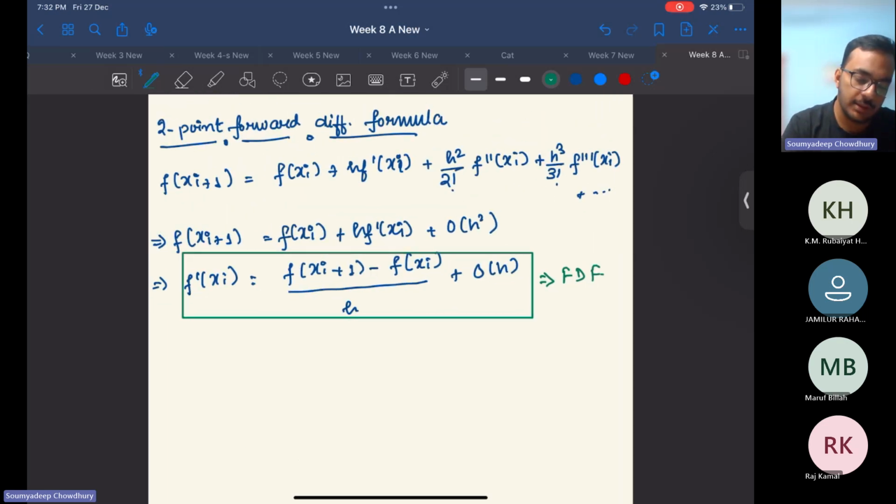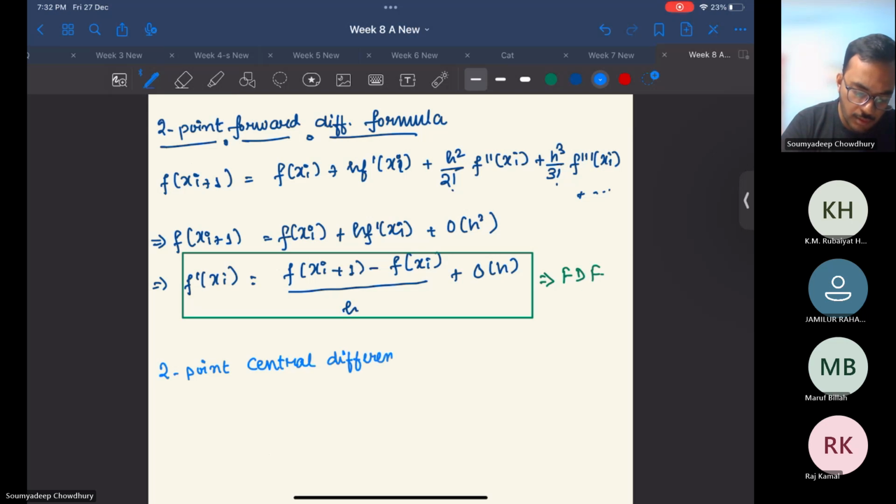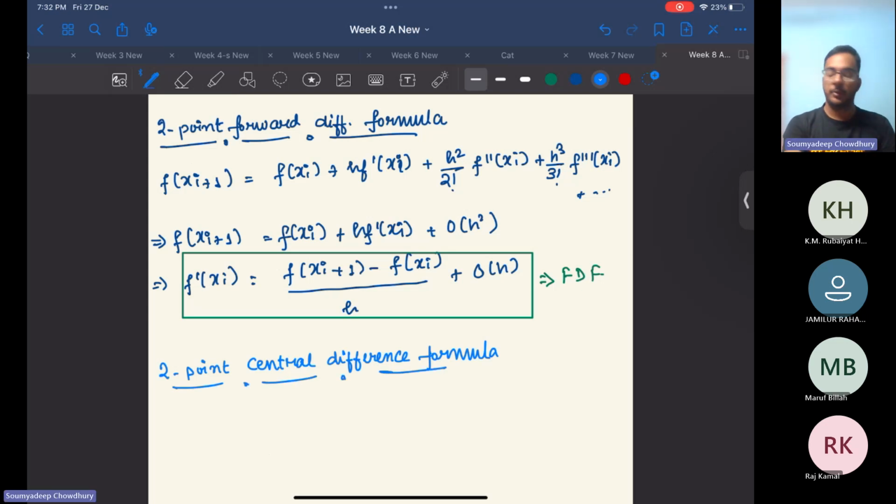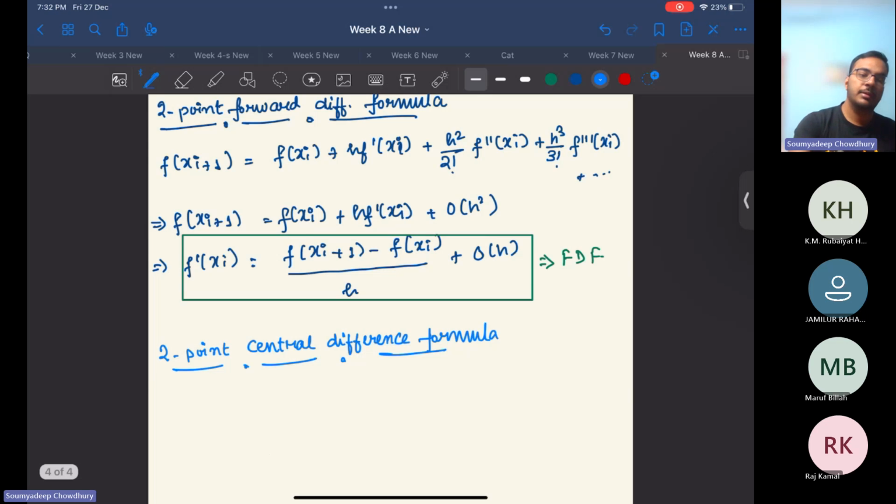So now we will see what the central difference is, the 2 point central difference. In backward difference, from xi we go one step backward, which is xi minus 1, so your formula will only involve xi and xi minus 1.